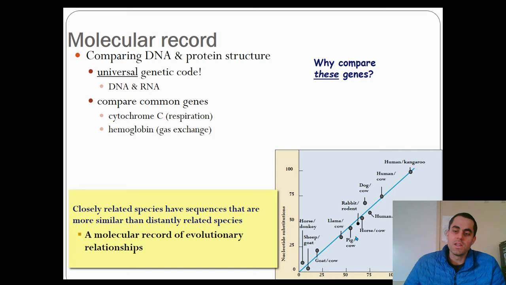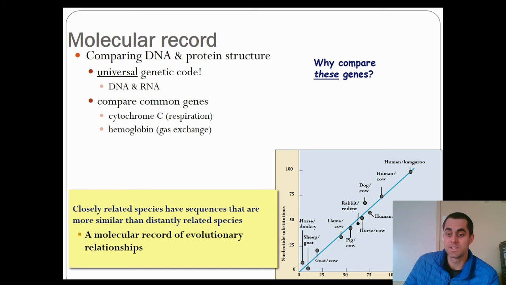And so when we compare a sheep and a goat right here, it has 0 nucleotide substitutions for that particular protein. So it obviously has mutations for others, but that means that they share a pretty close relationship.